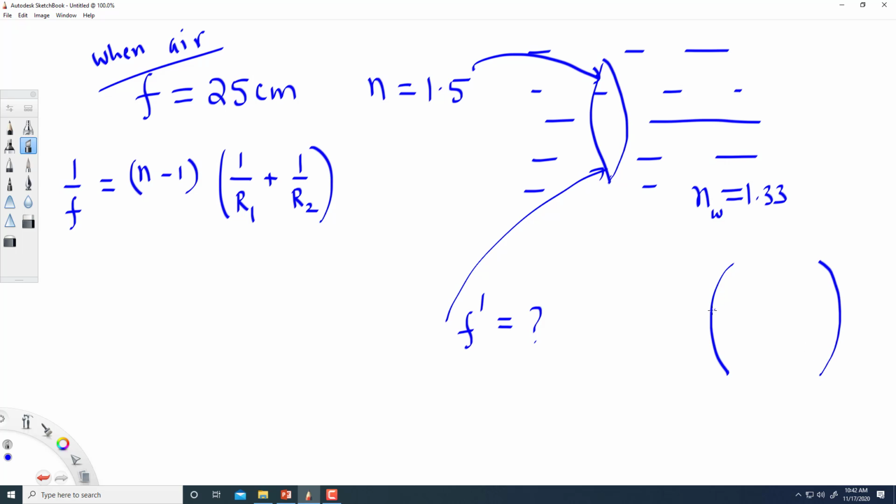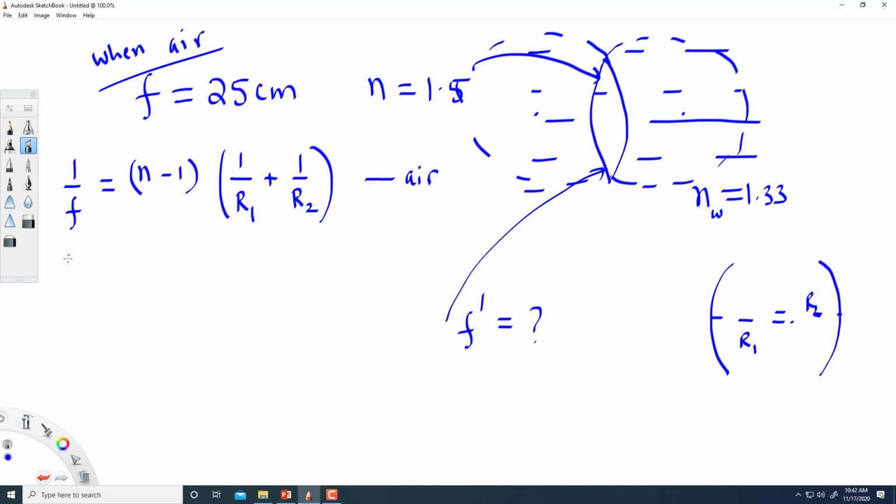This is R1 and this is R2, the radii of curvature, because this is made up of two spheres, one on this side and the other on this side. Usually they have the same curvature, but sometimes they may be different. So this is, let's say, for air.